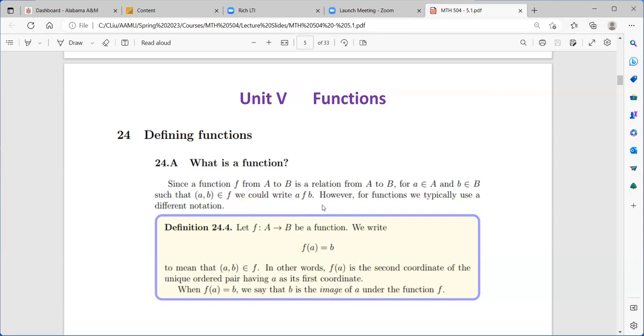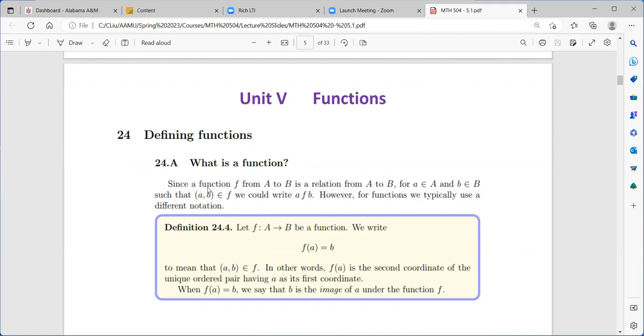But in functions, we don't use that too much, as we know. We usually write f of a equal to b. If you define a function f from set A to set B, we usually write f of a, small a, equal to small b to mean this ordered pair (a, b) is in f.